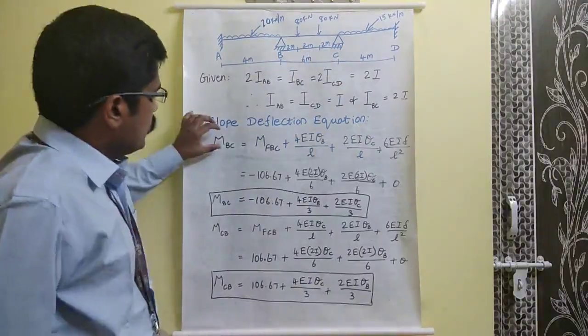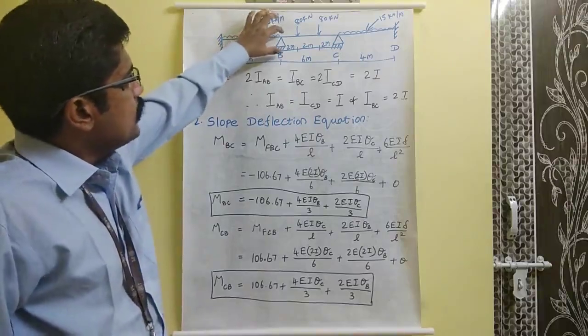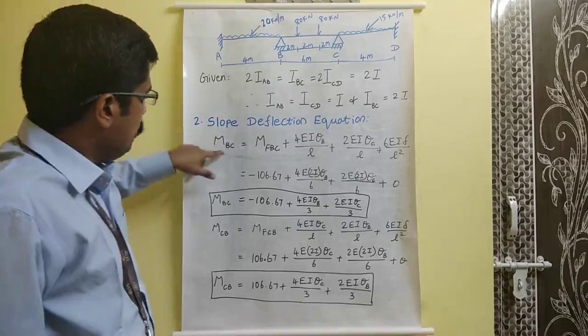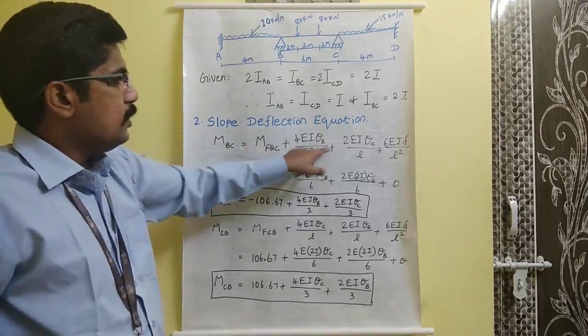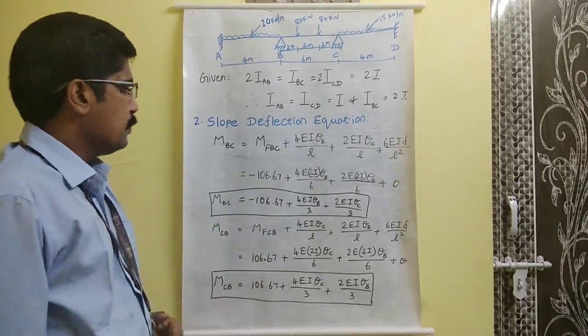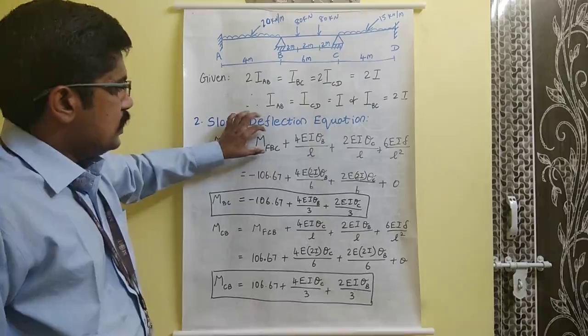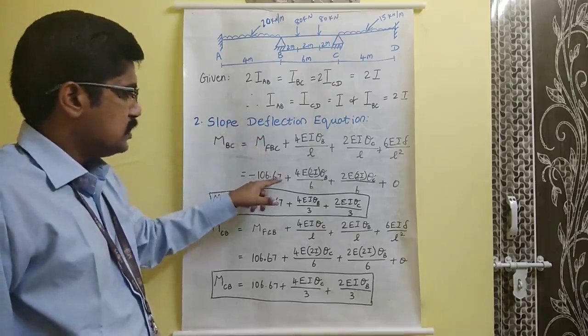Next we calculate for the member BC, first the moment at B in member BC. MBC equal to, we know the formula, M of BC plus 4EI theta B by L plus 2EI theta C by L plus 6EI delta divided by L square. We have calculated M of BC, the fixed end moment, which is minus 106.67.